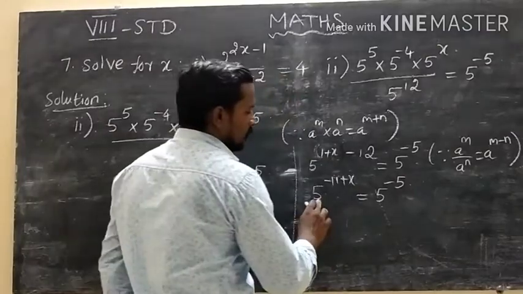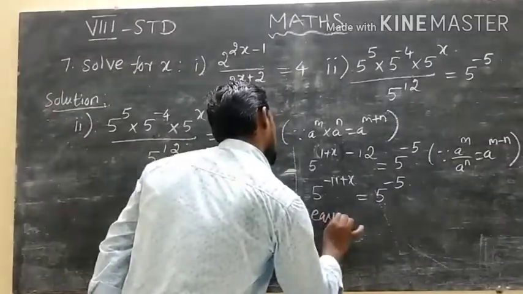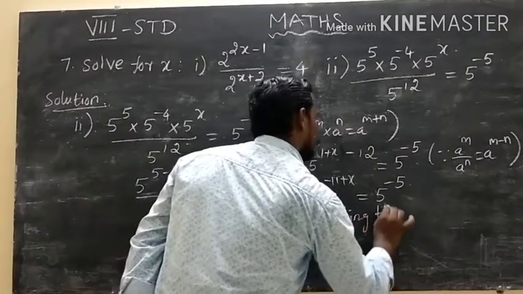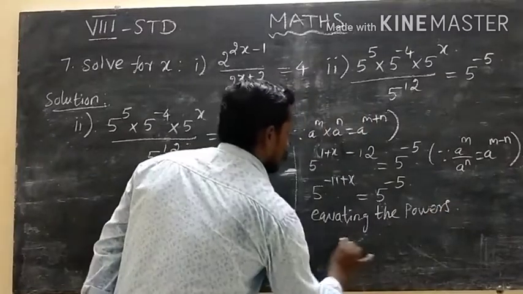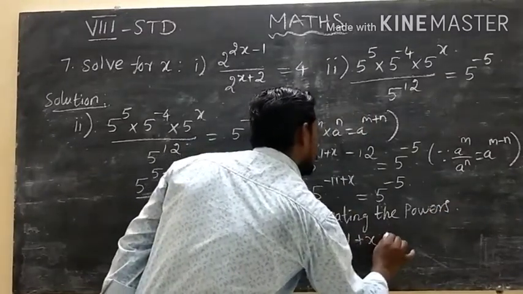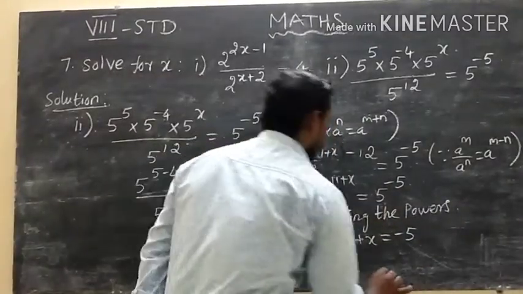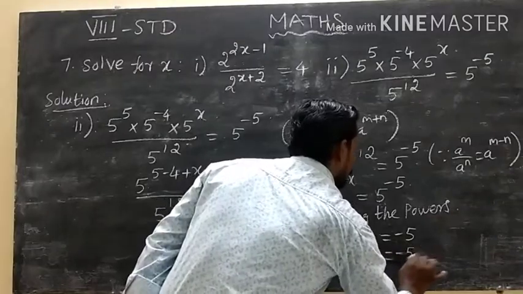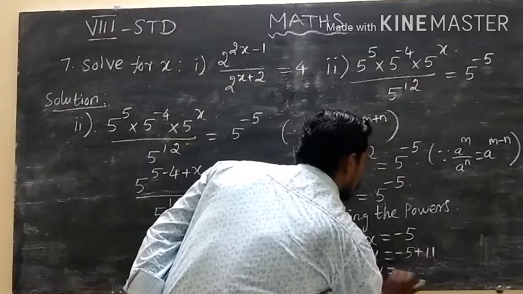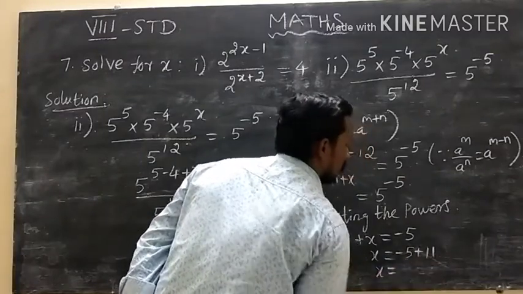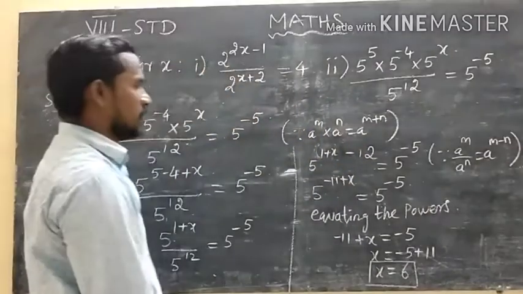Now also we get the bases equal, so equating the powers or exponents, we get minus 11 plus x equal to minus 5. Only the powers are equated, the base is 5. So for x, making the transformation, moving 11 to the right side, we get plus 11. So x is equal to minus 5 plus 11, which is 6. X is equal to 6.